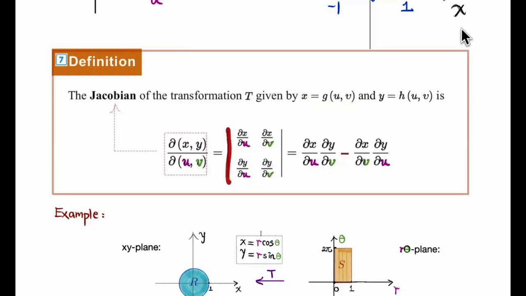The determinant of this matrix is called the Jacobian, named after a German mathematician, Jacobi.